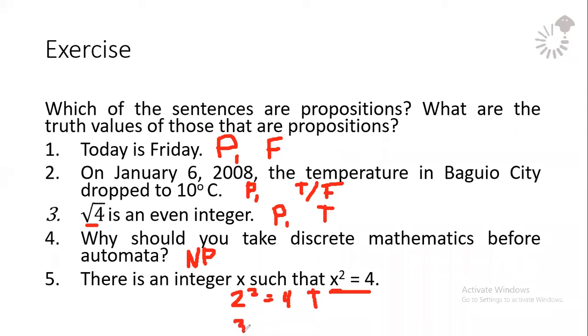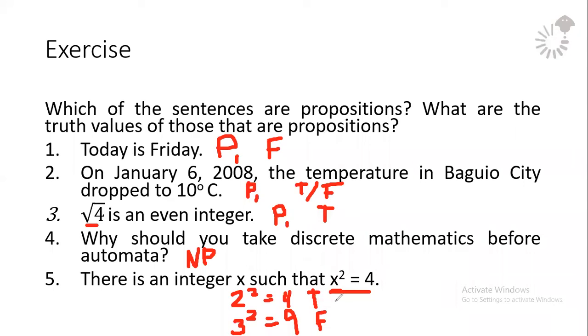And x can also be assigned with a different number, say 3. 3 raised to 2, this is 9, which will make the statement false. For this one, nababago yung truth value depende kung ano yung mai-assign na value for x.